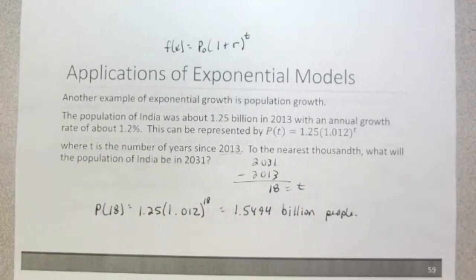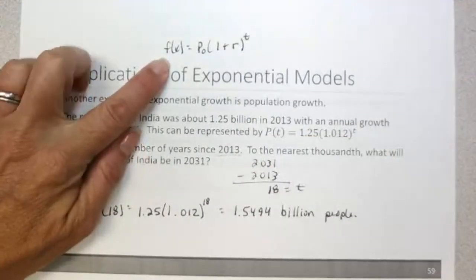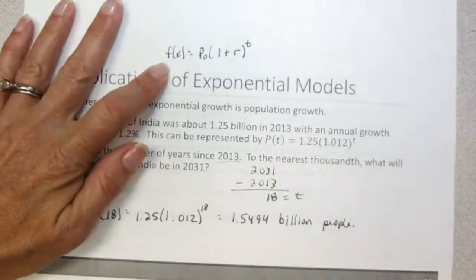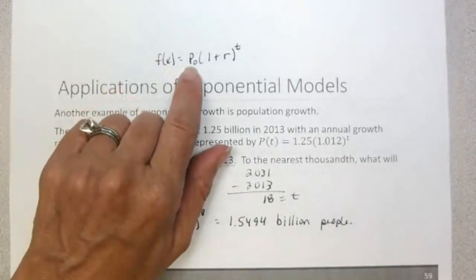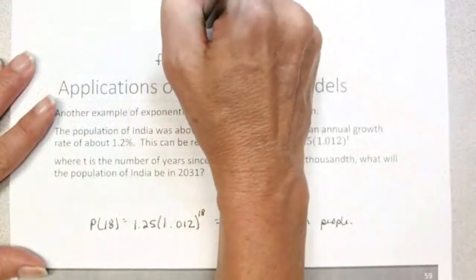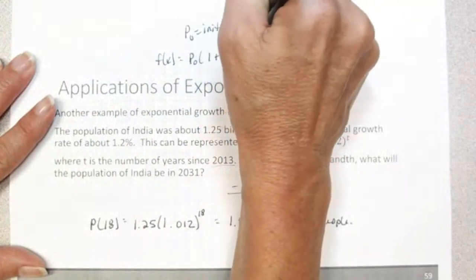So many exponential models take this form, very similar to the form that the compound interest formula uses, where it's some initial value. P sub 0 is our initial value, or our initial amount.